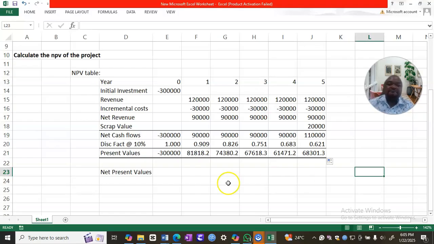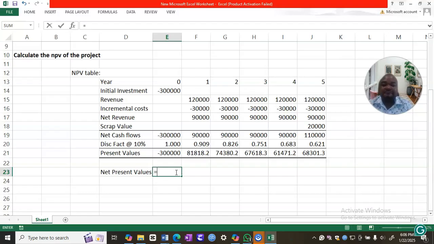And the present value then becomes equal sign, we can just say sum.